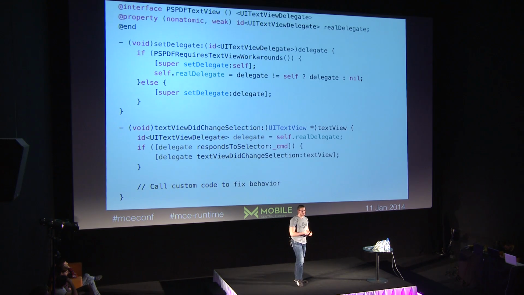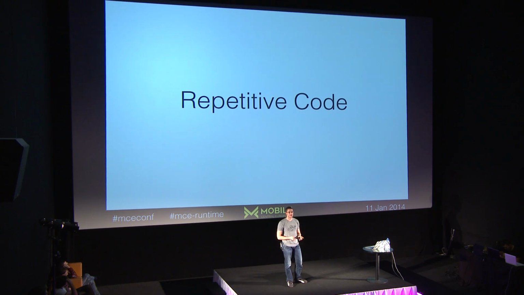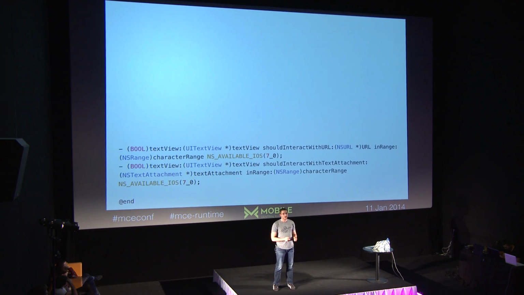So that works, but the problem is we have 9 delegate methods. You need to do this 9 times. And this is repetitive code, and it's also very prone to failure. It's very easy to make a mistake. It's easy to forget something. And if you look closely again at the delegate, those 2 methods, they have only been added in iOS 7.